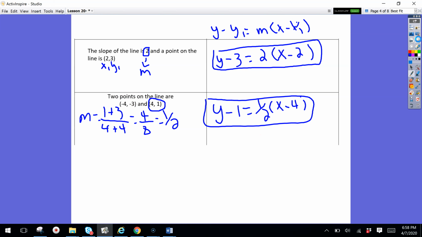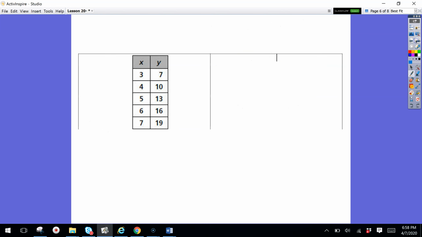All right, so now let's go ahead and look at this situation. Here I have a table. In this situation, we might have 2 ways to get it. First, obviously, we want to identify the slope here. The change in y is plus 3. The change in x is plus 1.